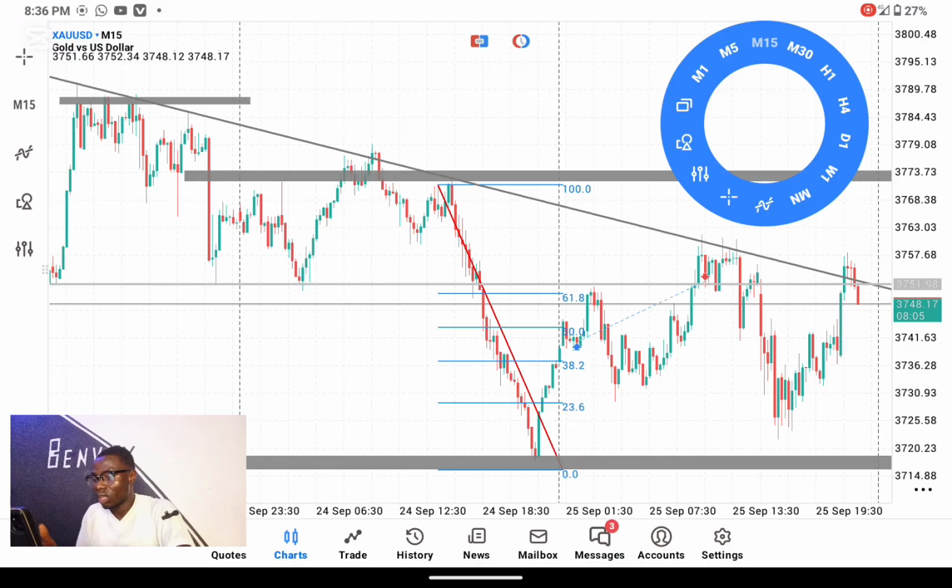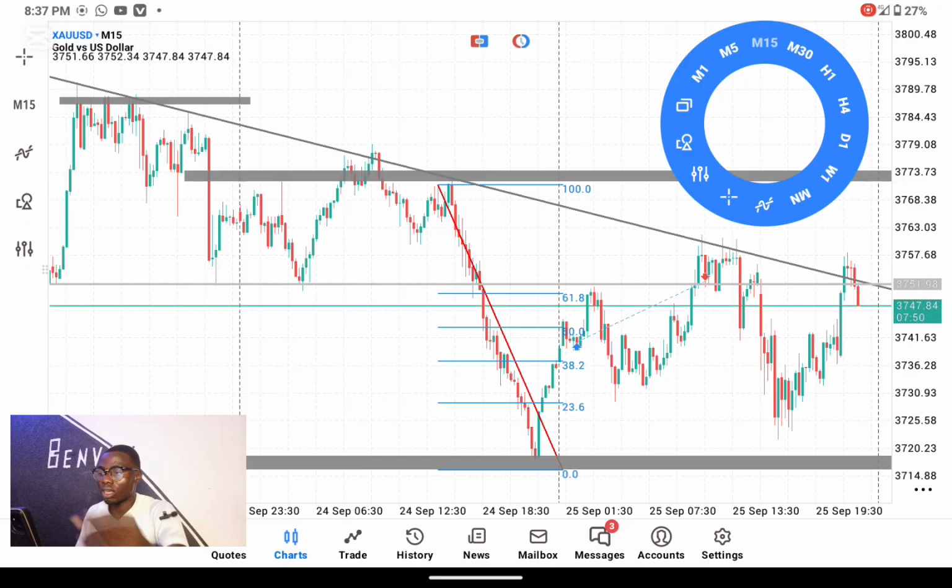That was the reason why I used this Fibonacci tool to buy. If not, in a real sense, when the market is trending down, you follow the trend down. That is what Fibonacci is all about. You follow the Fibonacci levels to join the trend.